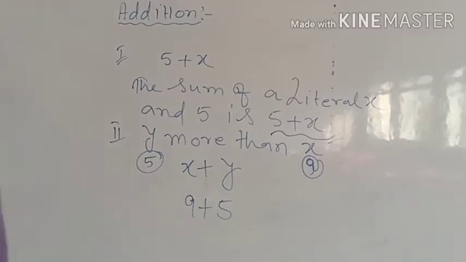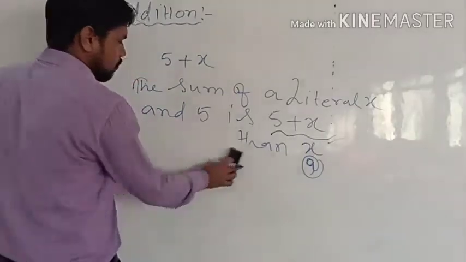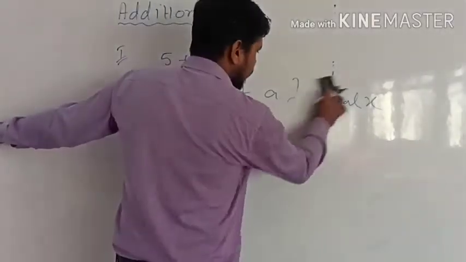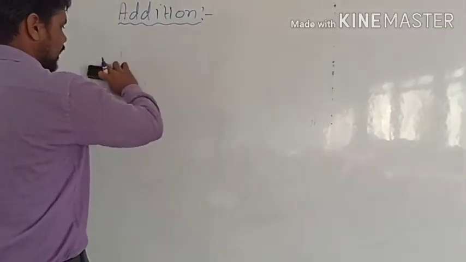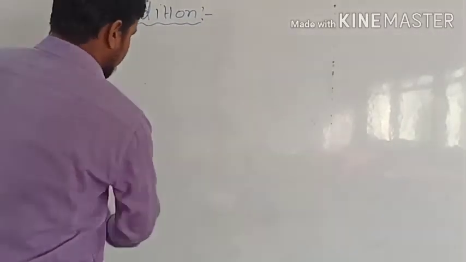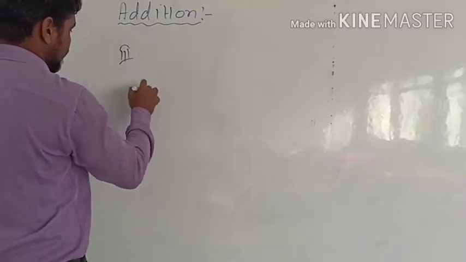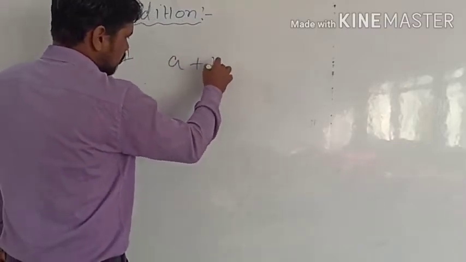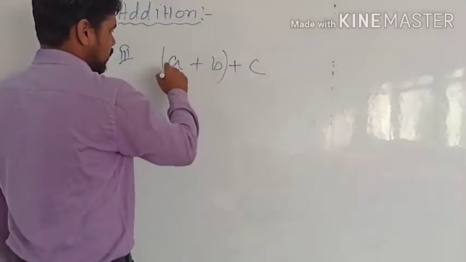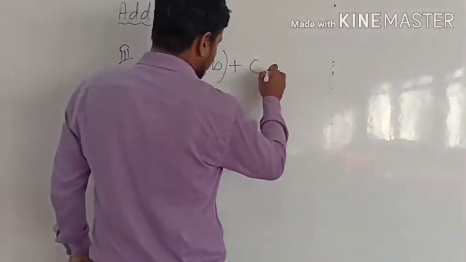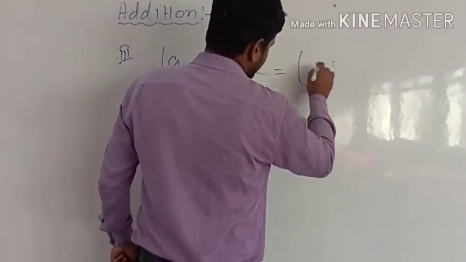Now one more thing, the third thing, which we are already familiar with, one of the most important properties of addition. If you add any three integers, suppose a plus b plus c, either you can add the first two or the last two, and it will be equivalent.